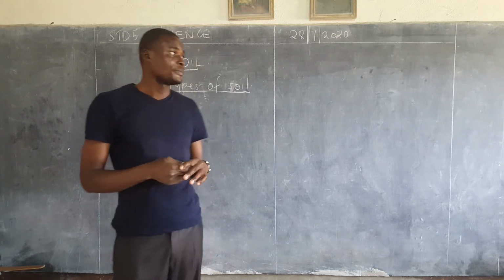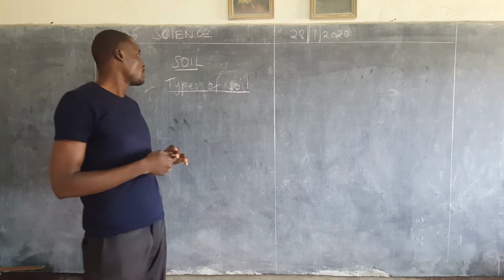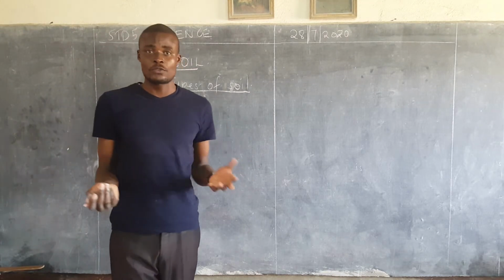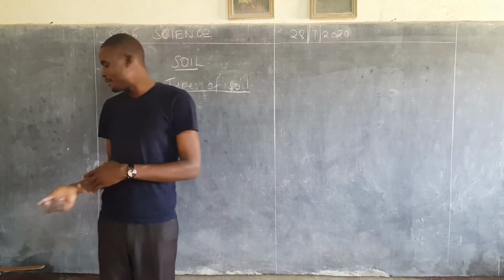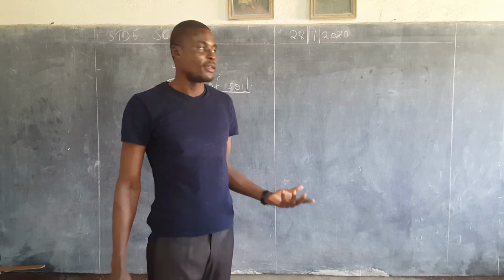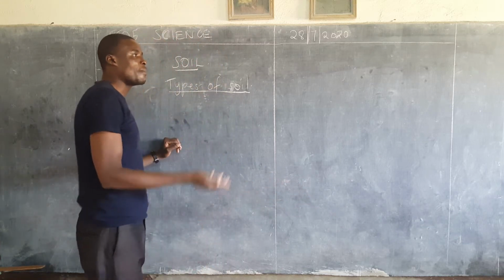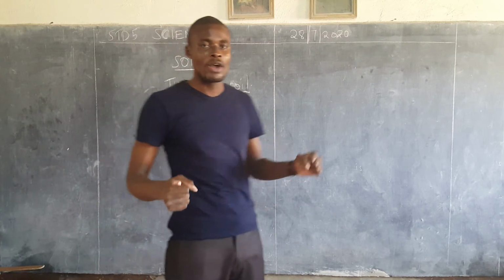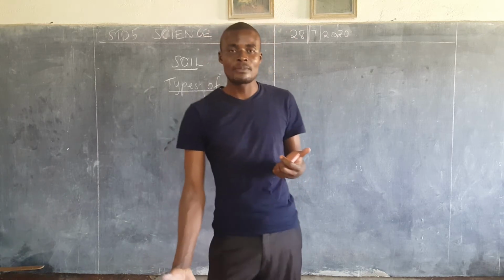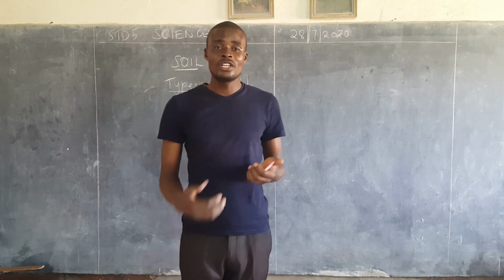So today we welcome ourselves to soil, where we need to know first of all the meaning of soil. Soil is the loose uppermost part of the earth. Right now, where I'm standing on the earth, the loose part that I'm stepping on, we can call it soil.